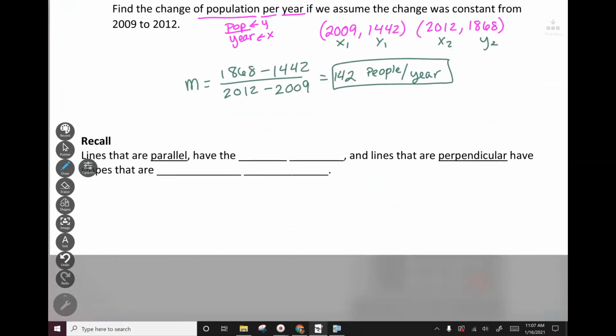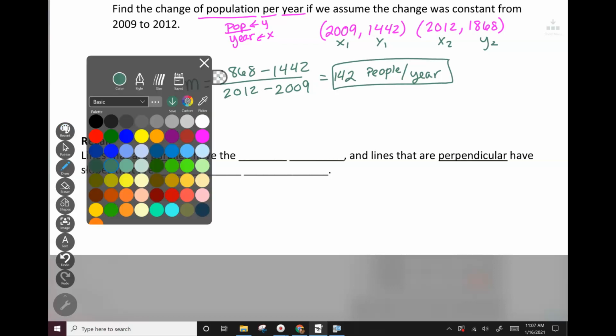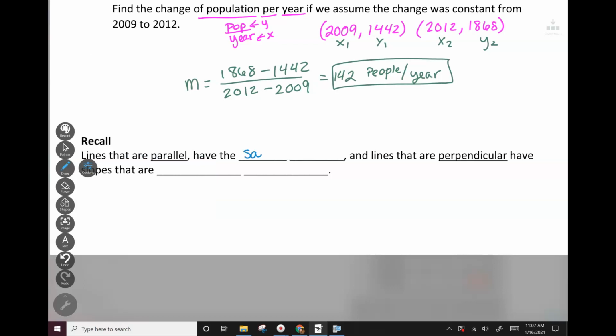All right, recall that lines that are parallel have the same slope, right? They're parallel, they're moving in the exact same direction, and that would be the same slope. And lines that are perpendicular have slopes that are opposite, or you could say negative reciprocals.